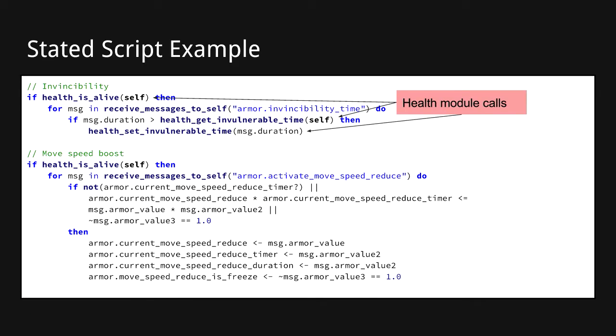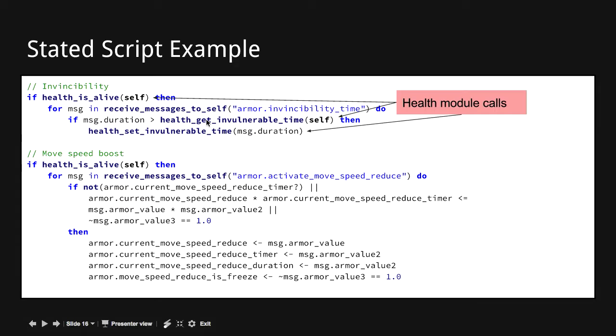Here we have the object-oriented like module calls. So we have a health module, which works as an object. The health module is running within the state machine itself, which is referenced with the self variable. So you give the health module function yourself, and the health module does what it's supposed to do. First we check if the character is alive.